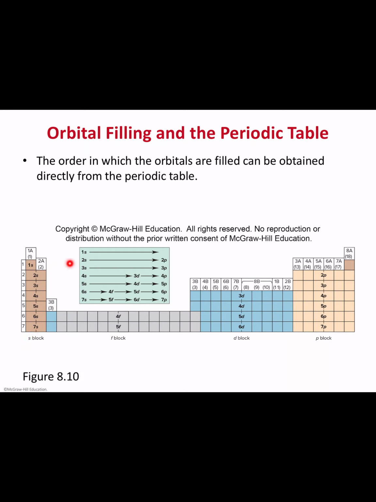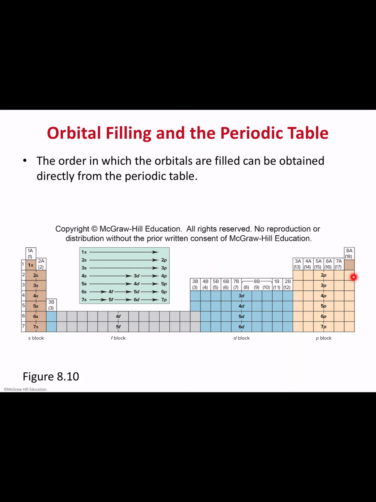From the 1s, it goes to nothing, because it's still the s orbital, 1s2. Hydrogen is 1s1 and helium is 1s2. And then you have the 2s, 2s2, and then the 2s goes to 2p.